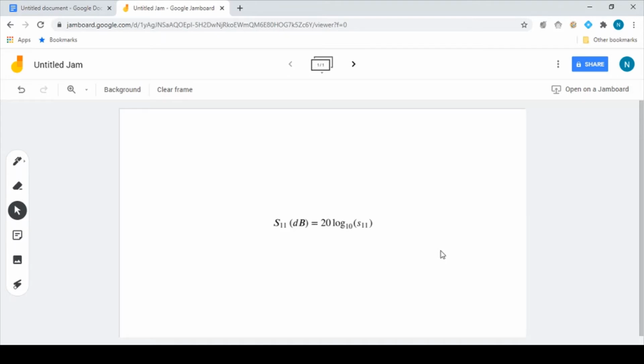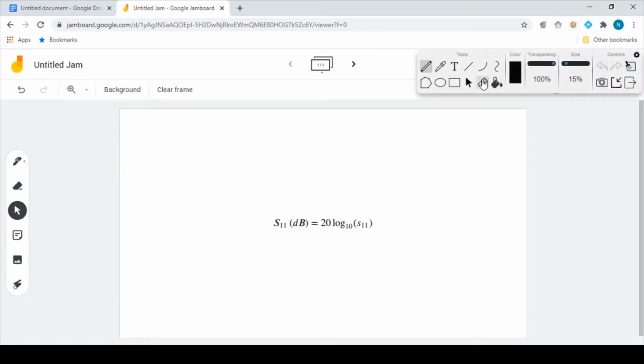Now if you see this formula, it tells that the S11 dB value is equal to 20 log base 10 of S11.